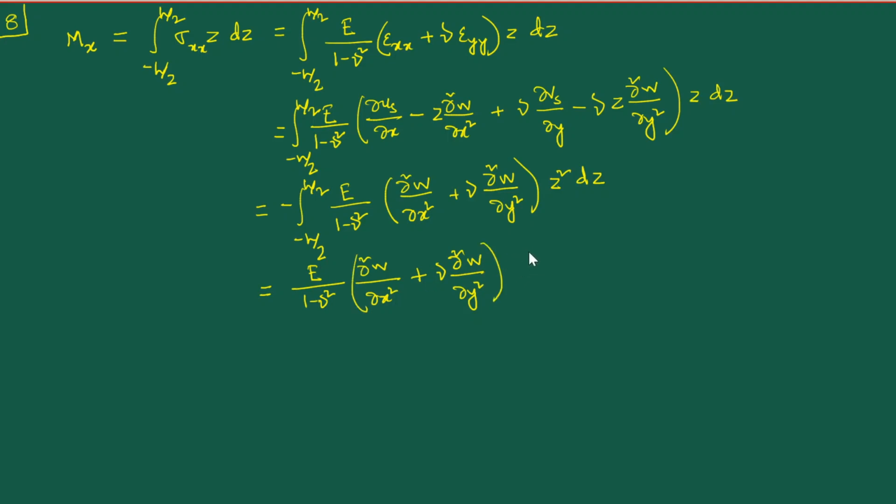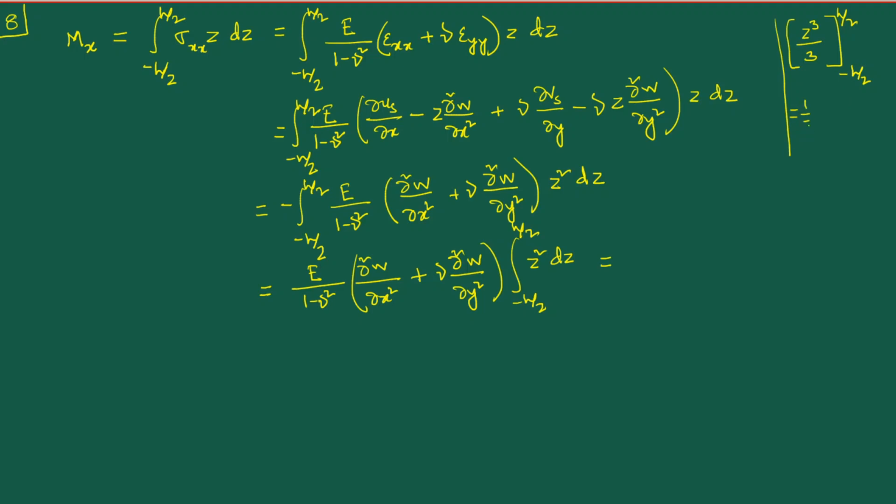And what I'll be left with here is this integration with respect to z from minus h by 2 to h by 2, and that thing is just going to give me, so I'll just do it in the rough column here in order to save some space. This is going to give me z cube by 3, with upper limit h by 2 and lower limit minus h by 2.